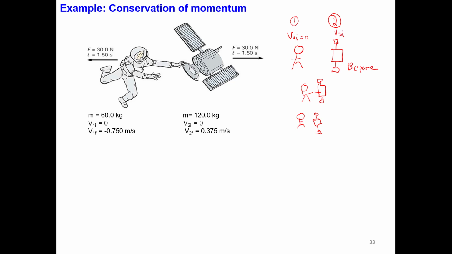The initial velocity for the satellite was 0, but here they move, and we found the final velocity to be negative, but the final velocity for the satellite was 0.0 meters per second. And if we want to apply the conservation of momentum, we need to apply the momentum just before and after the interaction.